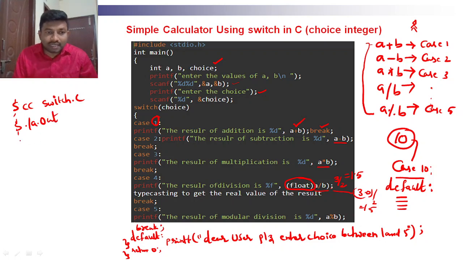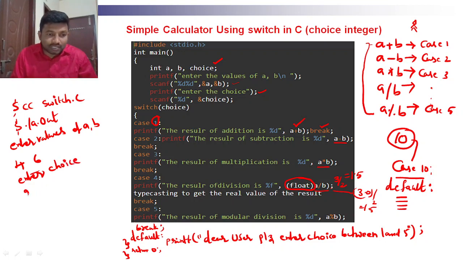So it will ask you to enter values of a comma b. If you say that a is 4 and b is 6, this is the input. Okay, and then it will ask you to enter choice. So for example, say choice is 2.